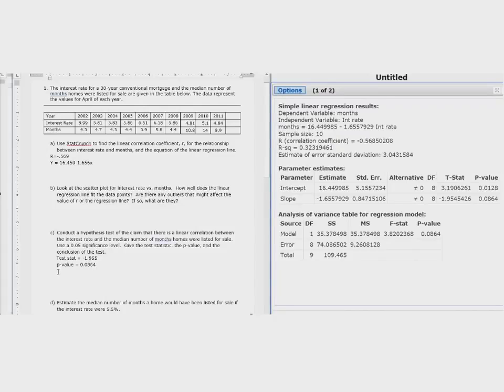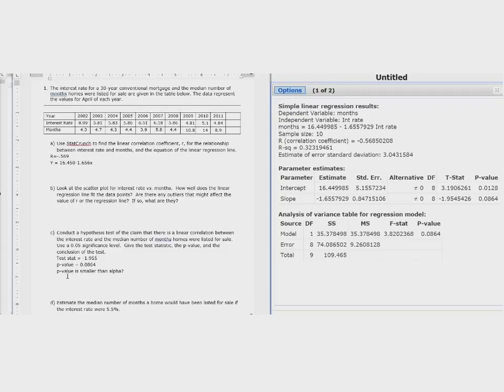Okay, now for the conclusion of this, and this is where it's a little bit easy to get mixed up, I know. This told us to use a 5% significance level, so a significance level of 0.05. So what we're testing is whether the p-value is smaller than the significance level, so if it's smaller than alpha.